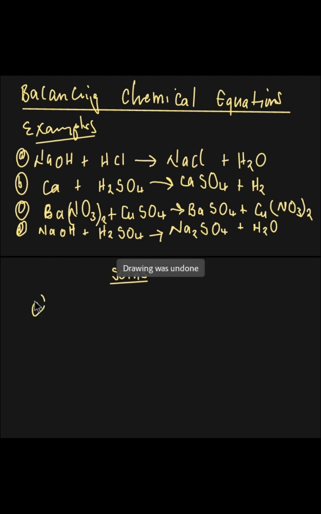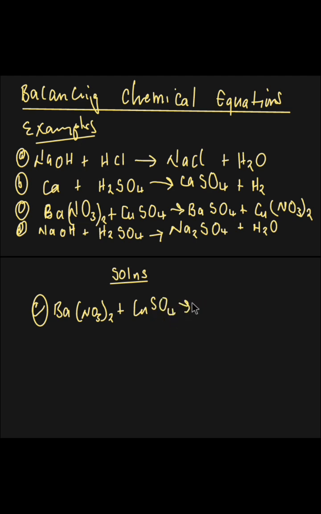Okay, all right, so you have barium nitrate reacting with copper sulfate to produce, let me use space in case we might need to put a number there, barium sulfate and copper nitrate.